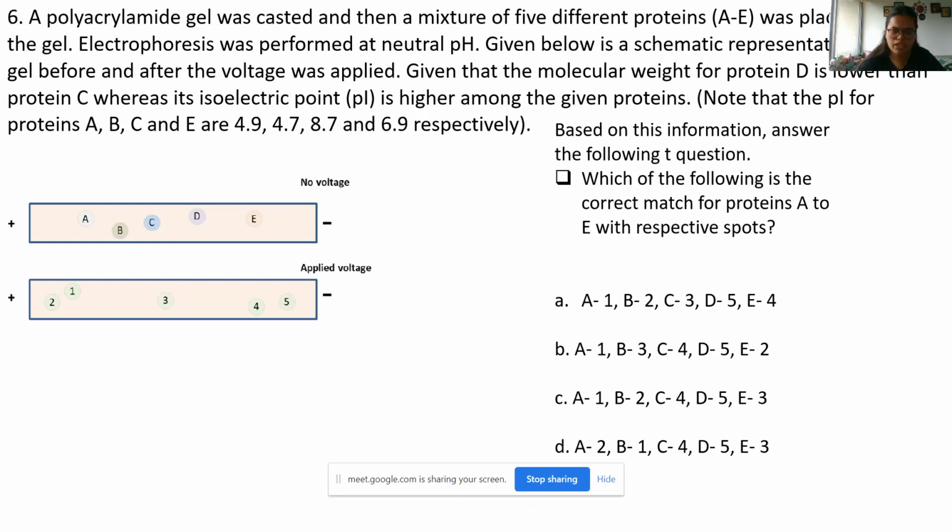Your voice was breaking, what were you saying? D has a higher isoelectric point than the other amino acids. Correct, you're correct.